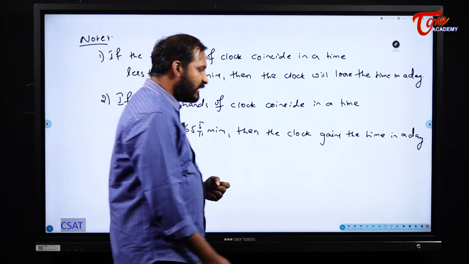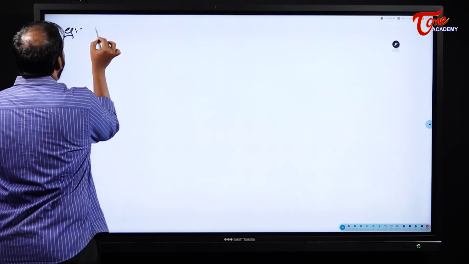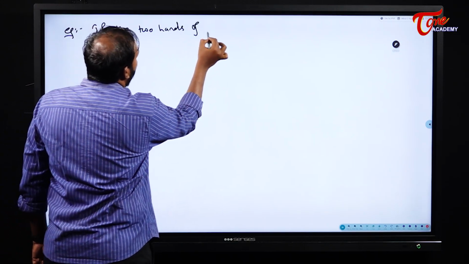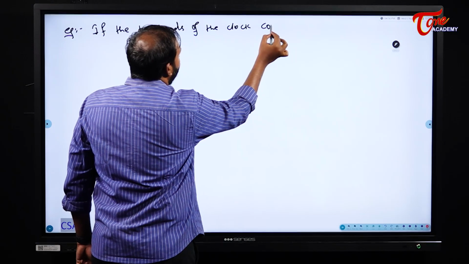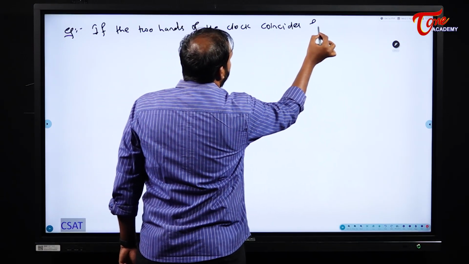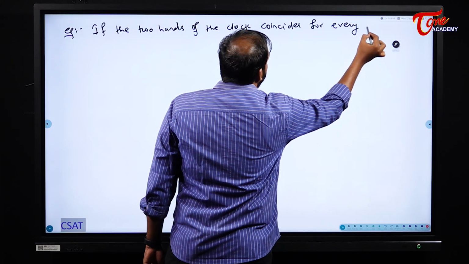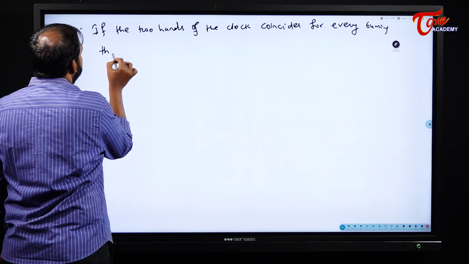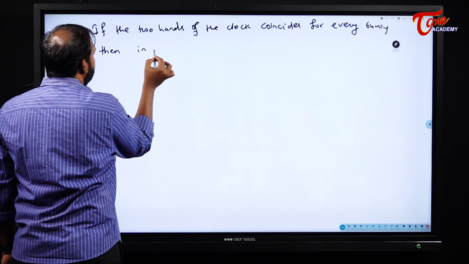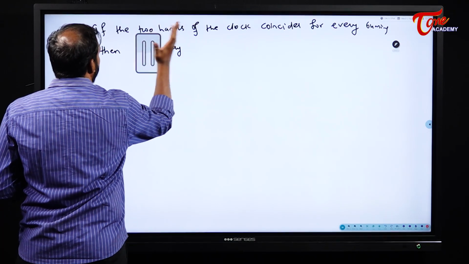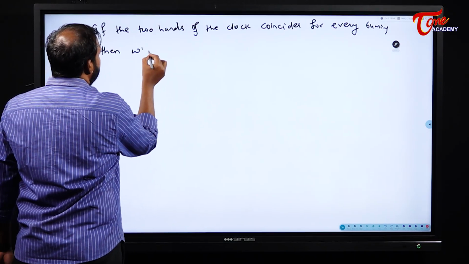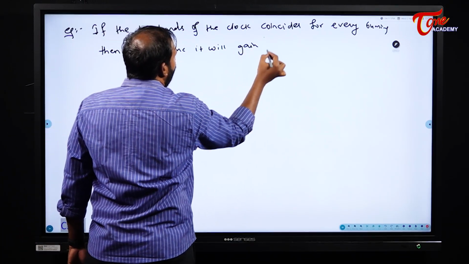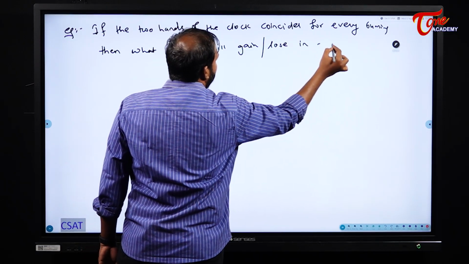Okay. Now we will see with an example. If the two hands of the clock coincide for every 64 minutes, then what time will it gain or lose in a day?